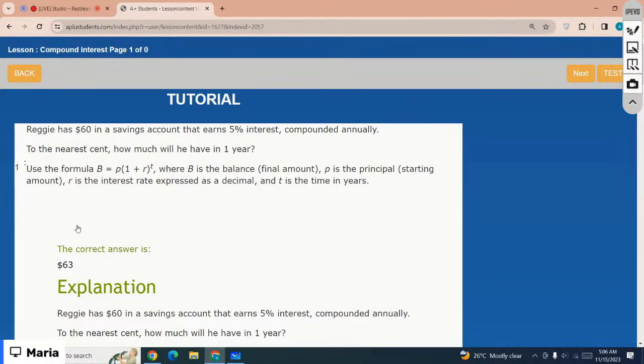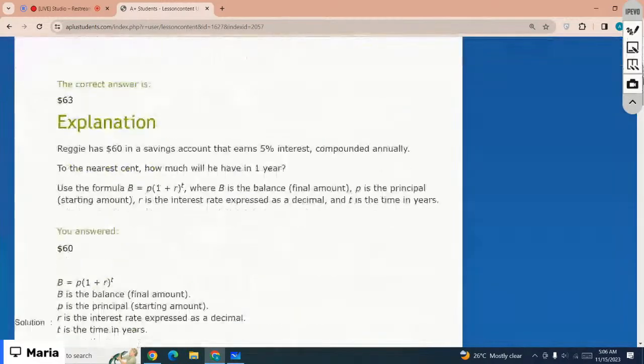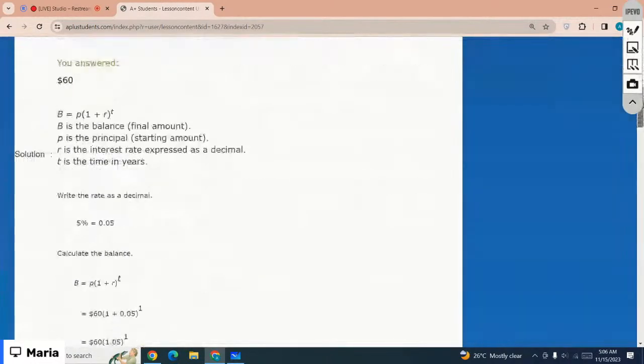The formula you're going to use is B equals P (1 plus R) exponent T. P is the principal amount, the basic amount, that is $60 in this example. R is the interest rate, that is 5% in this example. T is the time duration, that is 1 year, 12 months in this example, right? But I think it's annually, so you have to calculate it one.